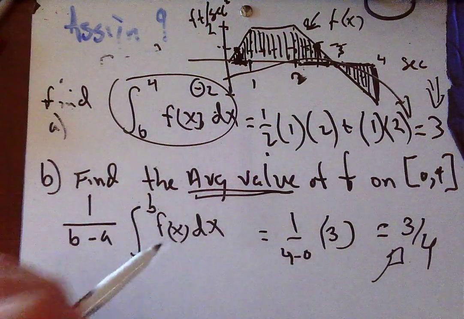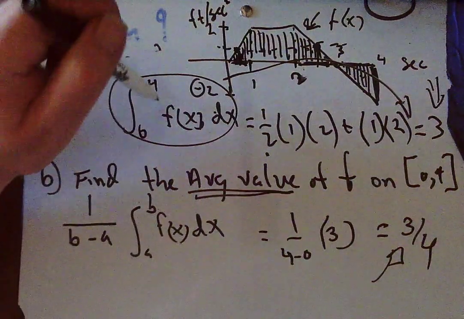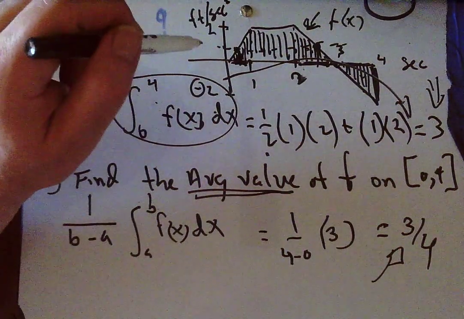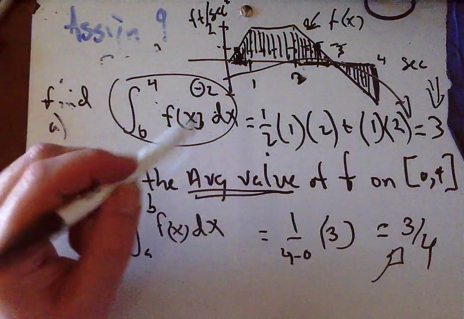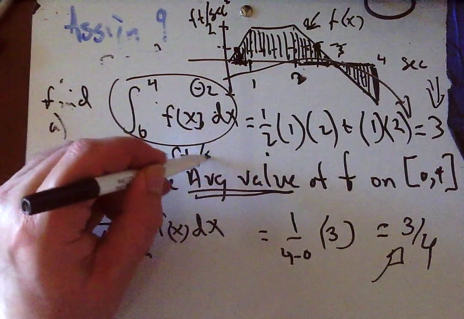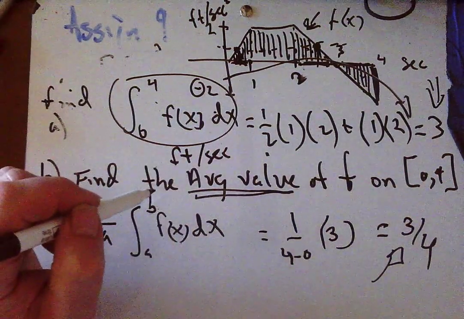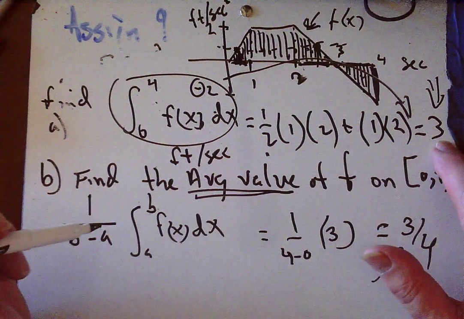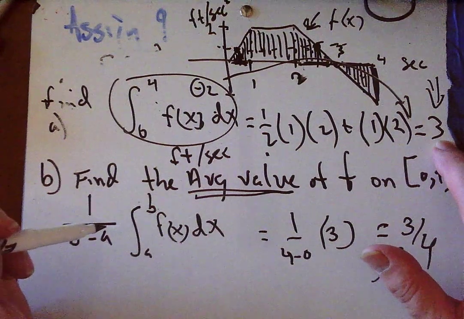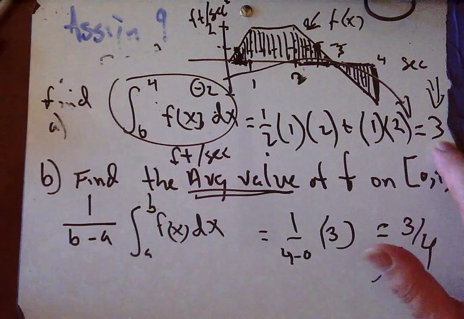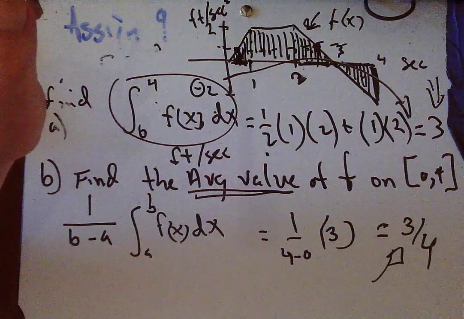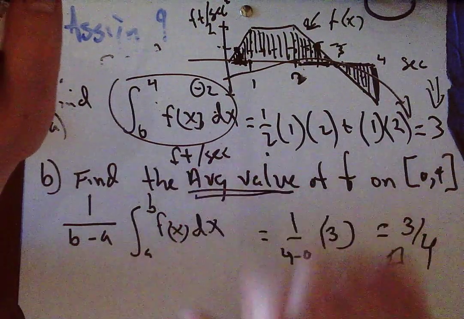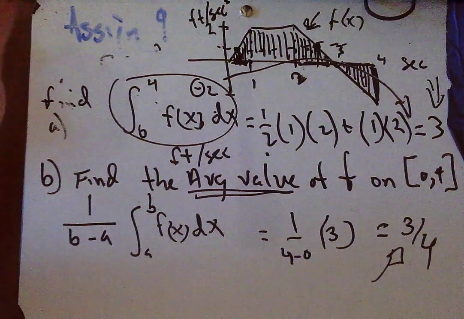Well, here I know that when I integrate feet per second squared, I'm going to end up with feet per second. So, what's that mean? How do we get that? What is this number, 3 feet per second? What does that represent?